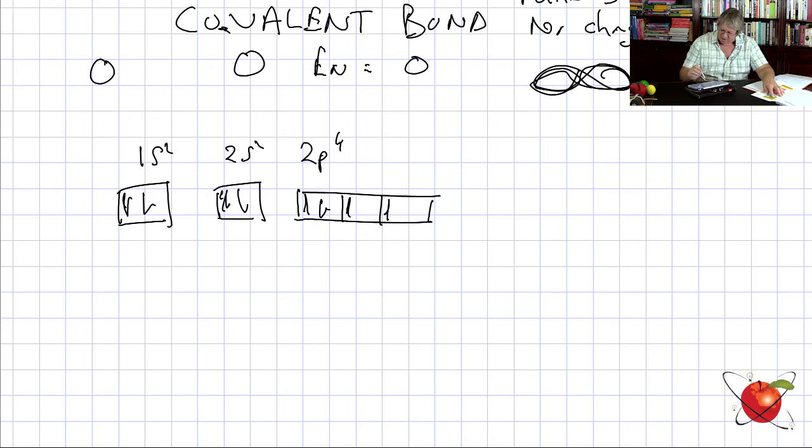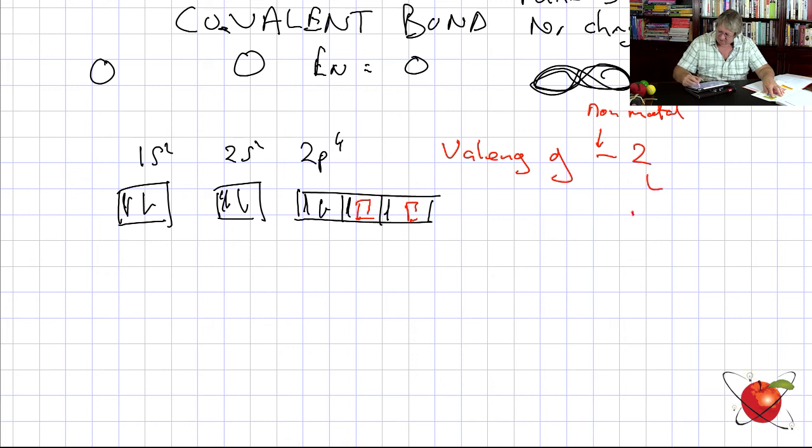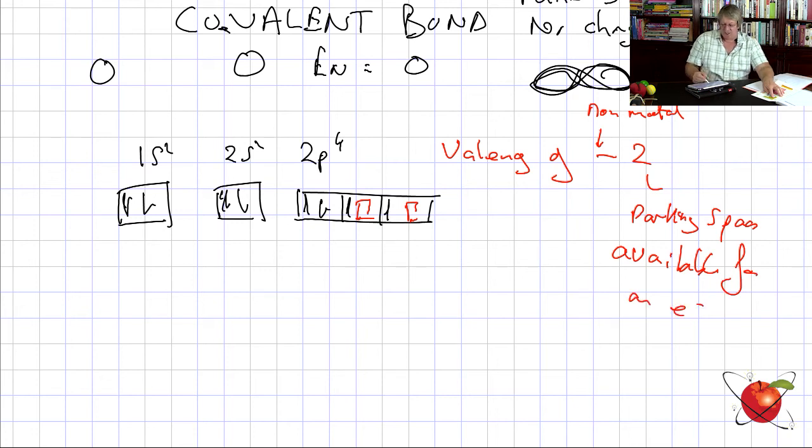Now, this has got 2 parking spaces, non-metal, so it has a valency of -2. Non-metal, right? And how many parking spaces available for an electron? There's 2 spaces, so it's got a valency of -2.